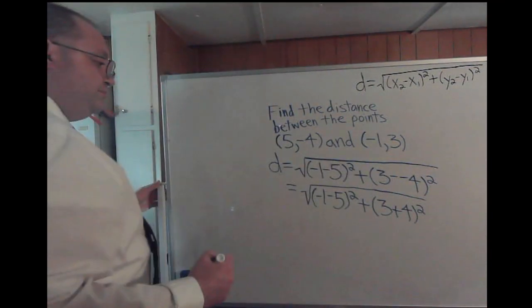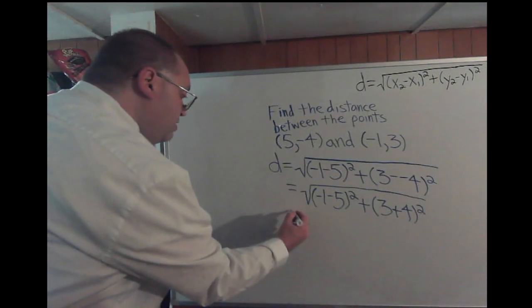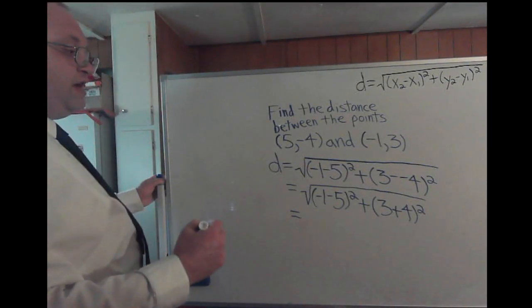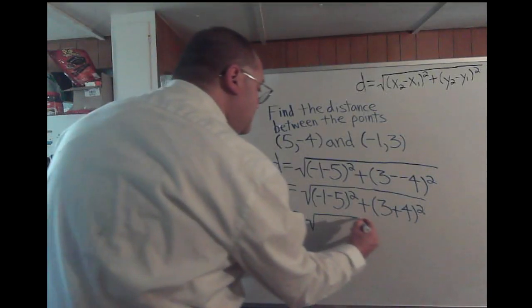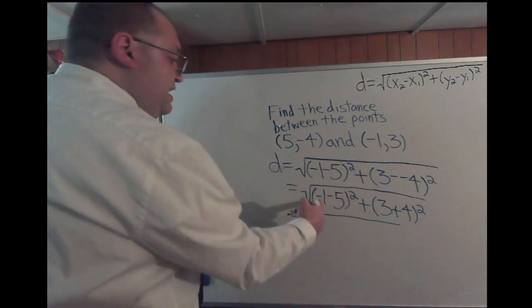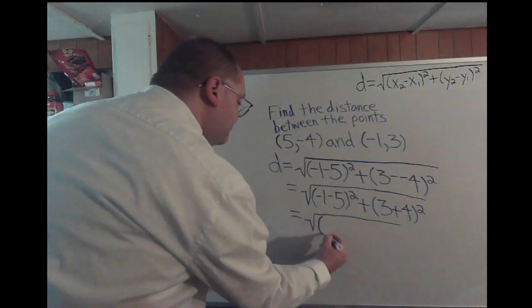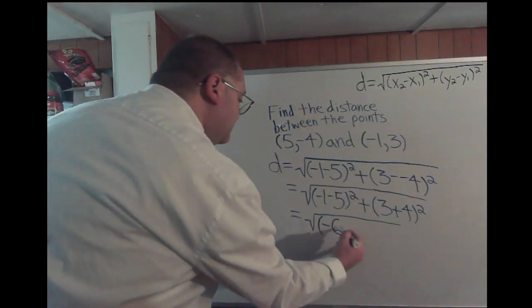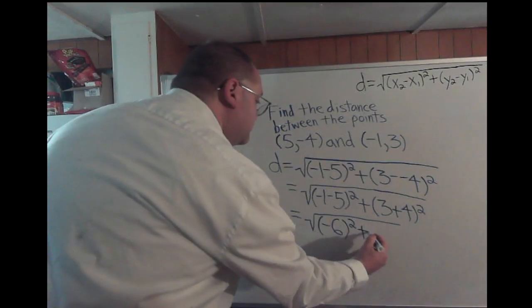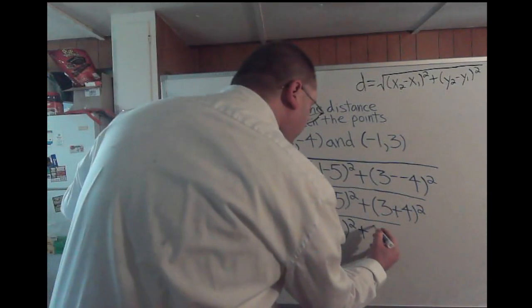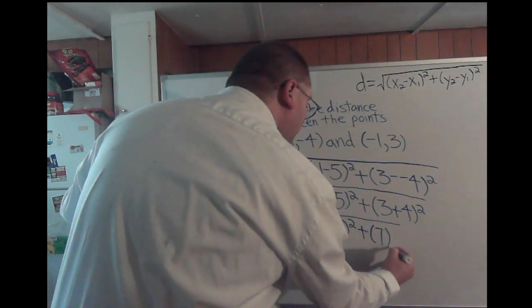So then what we're going to do now is our order of operations. We'll work inside the parentheses under the square root. So -1 minus 5, that's -6. That'd be -6 to the second power. Plus, then we have 3 plus 4, that'd be 7 to the second power.